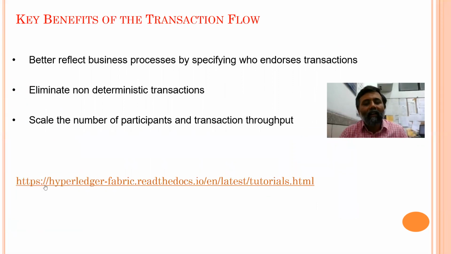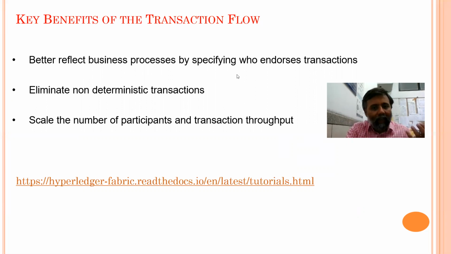As I said, the way of transaction flow on Hyperledger Fabric is a different one. Normally, it is done on a network like Bitcoin and others. Here, we do endorsement first, and after that, we order all those transactions.